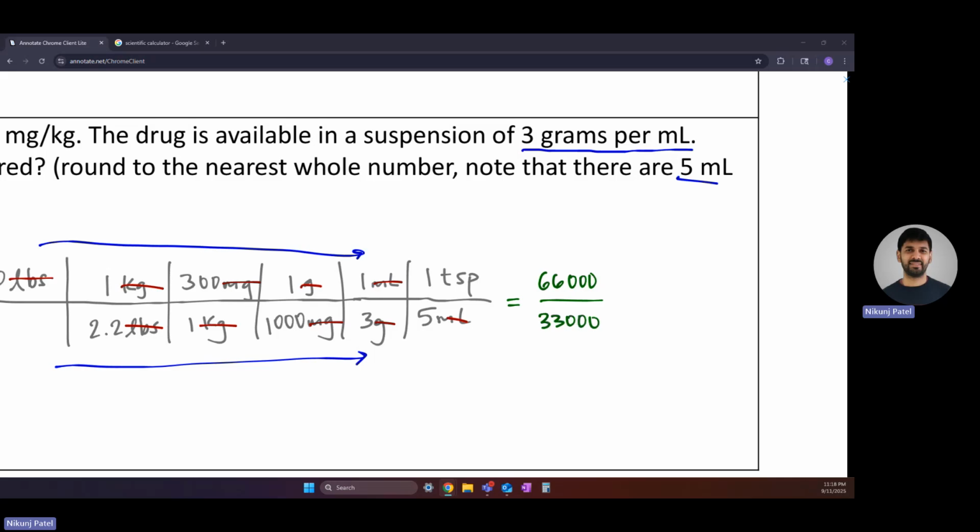So just double checking your calculator that you're able to get that when you multiply across the top and the bottom. Verify that you get these two, and then divide those two, and we end up getting a value of 2. 2 teaspoons is what the patient needs.